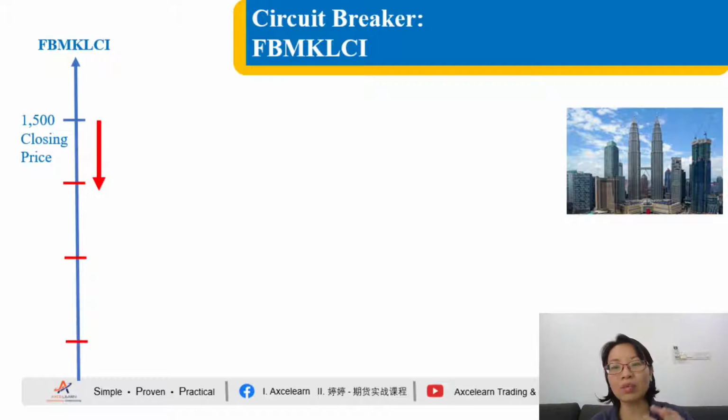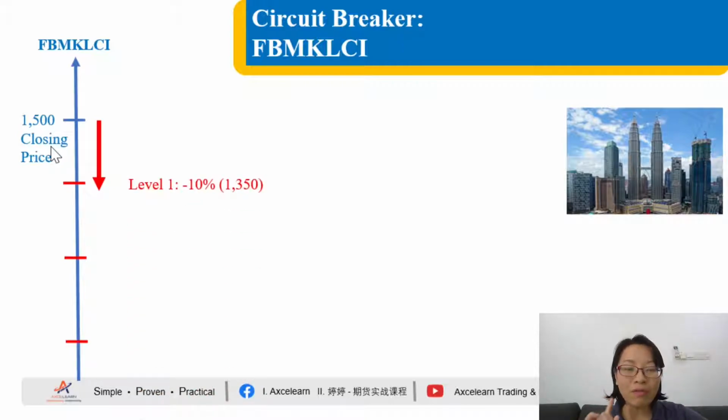But before you understand what happened before in Malaysia, let's look into what circuit breakers are. First, let's say based on the closing price, you just follow my cursor. For the FBM KLCI, if yesterday's closing is at 1,500, our first level where circuit breakers will be triggered is at 10%, unlike the US, which is at 7%.